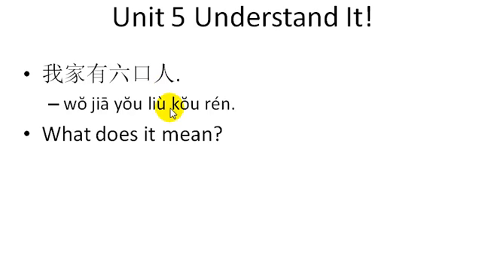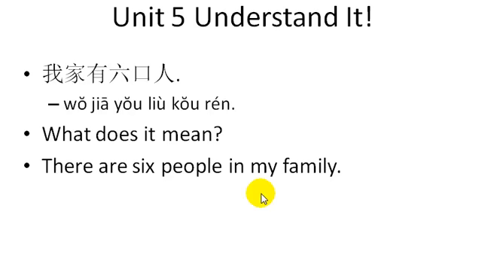So you should be able to, just based on what the meaning was in the slide before, in the question, this answer should be pretty clear. If this means 6, 我家有六口人. There are 6 people in my family.